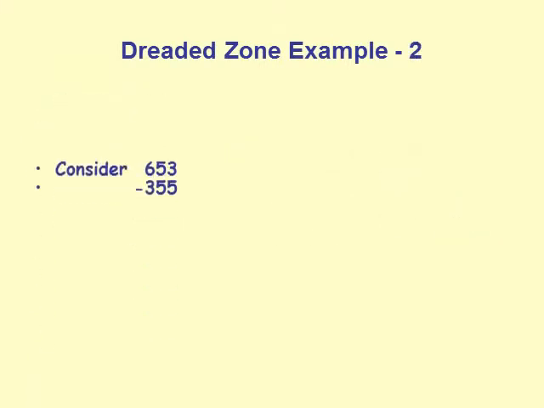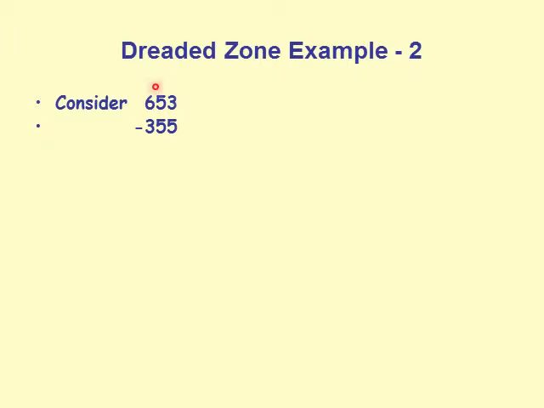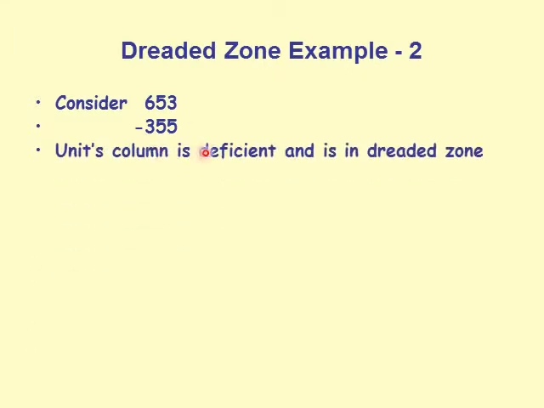Let's look at another example. We are going to look at a 3-digit example now, 653 minus 355. The units column is deficient, 3 minus 5. Our player is 3 and the challenging player is 5, and 5 outnumbers 3. So our player is challenged. So it's a deficient column and is in the dreaded zone.